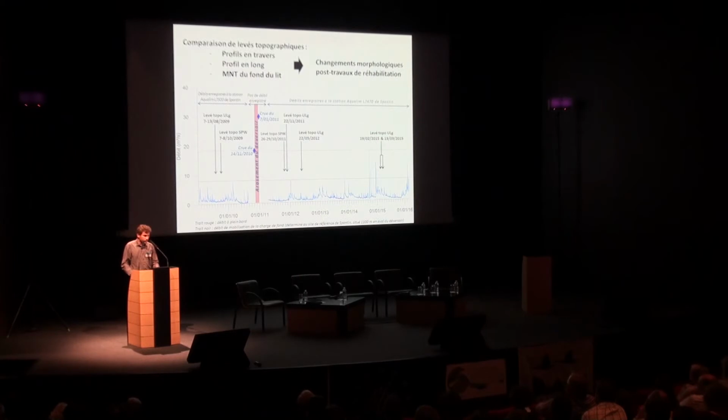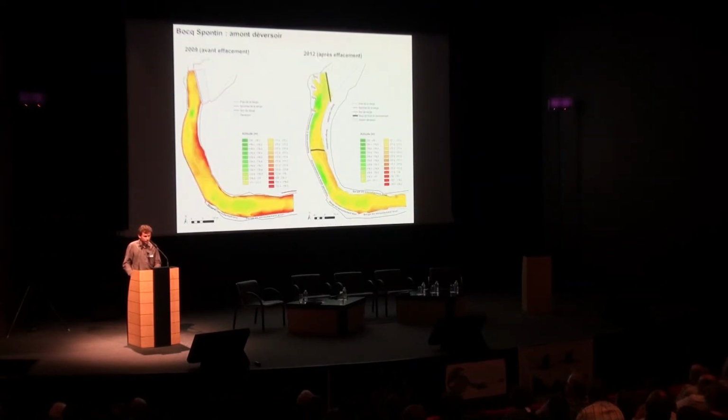And after we removed the obstacle, we saw sediments leveling. And the significant actions were these actions, and we actually had a very significant flood right after our obstacle removal. So it was a very significant time.